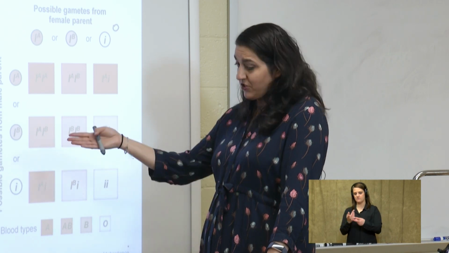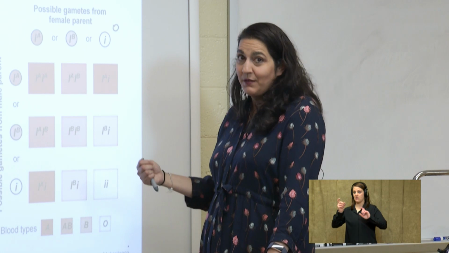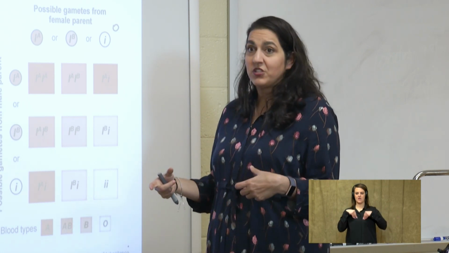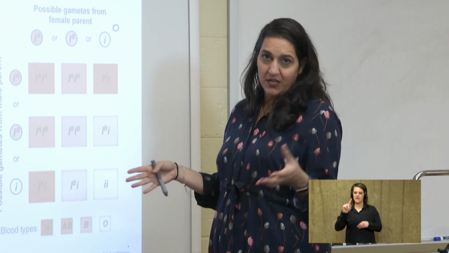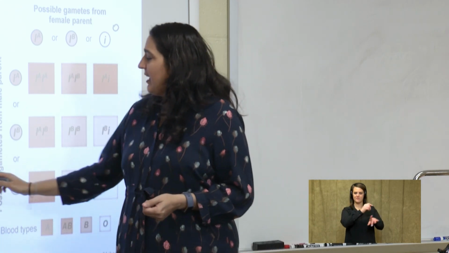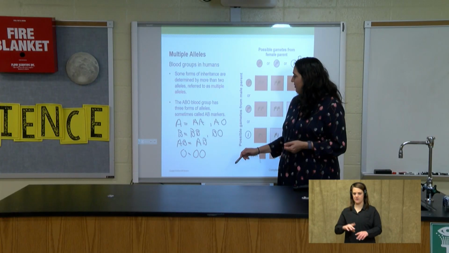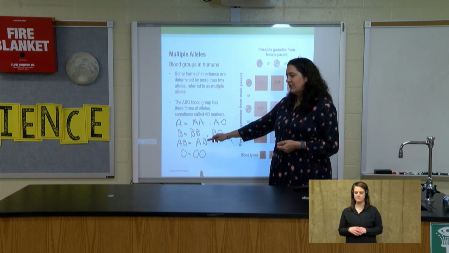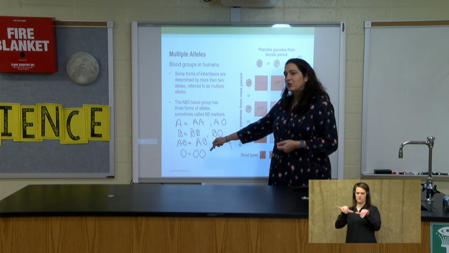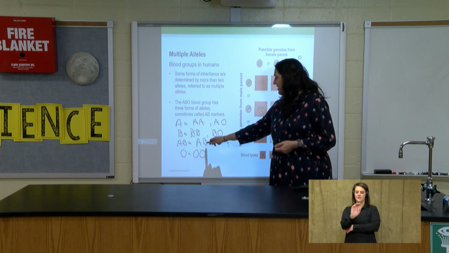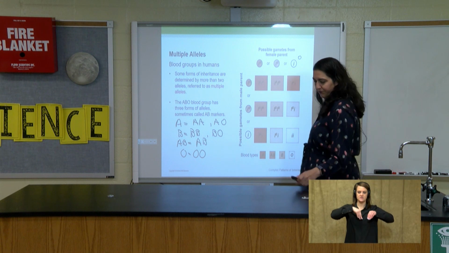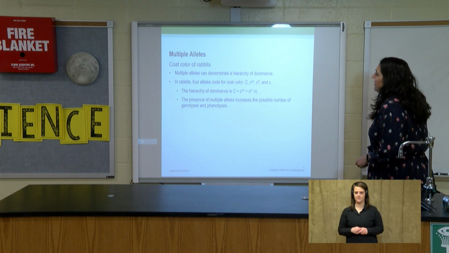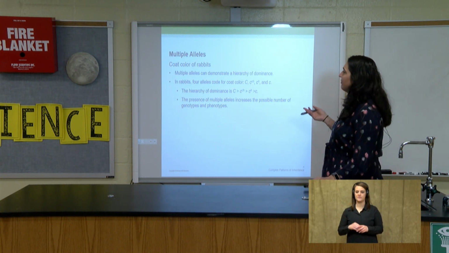You can donate your blood to whoever, but you can only accept O-type blood because you have no antigens, which means you have antibodies against everybody else. And AB is the universal acceptor because they can take A, they can take B, and they can take O.